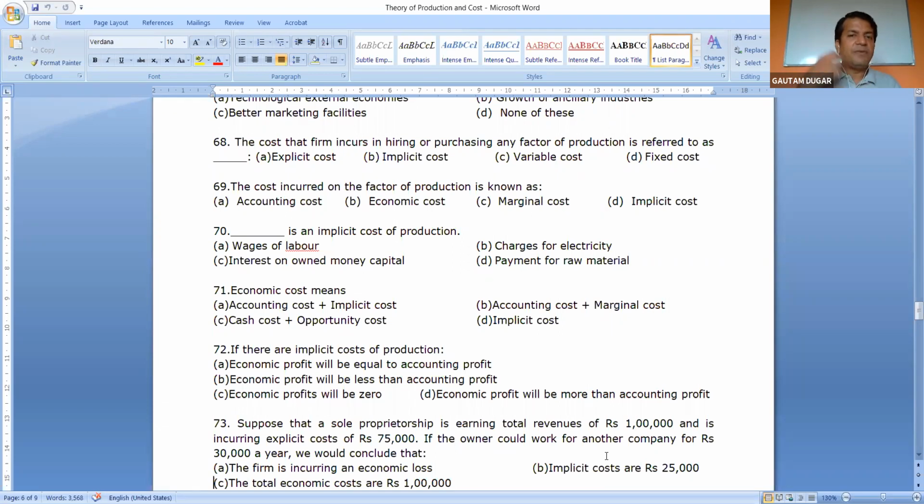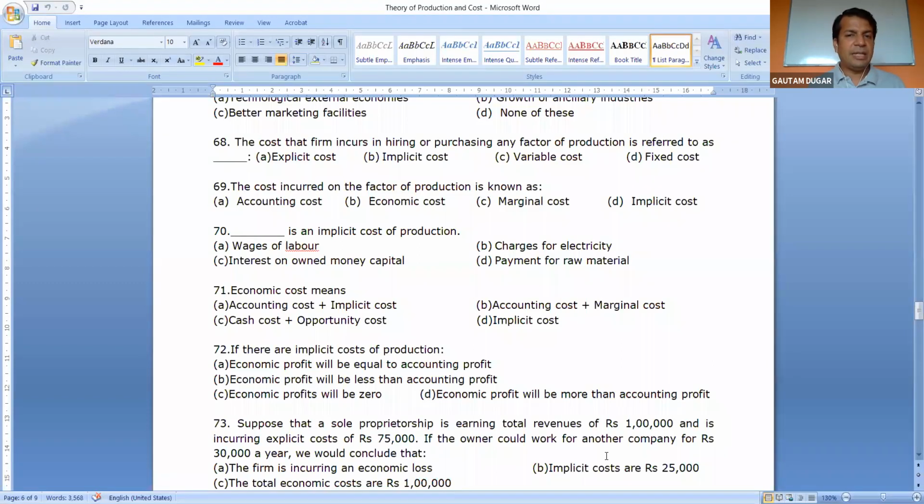I just try to give it right. So the cost incurred on factors of production is called, it cannot be marginal cost, it cannot be implicit cost as well. So two are gone, two remain, accounting and economic. Obviously, the cost incurred on the factor of production is called the economic cost.